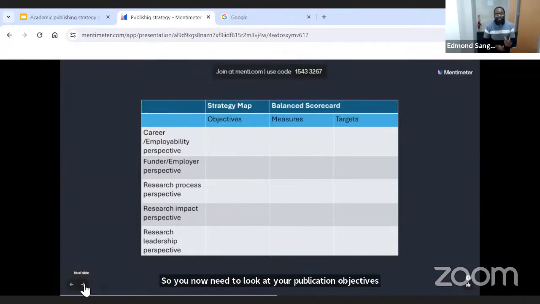Then the next thing, the research process, what you'll be doing. Look at that process. What are the technical skills and the knowledge that you are going to gain from conducting that research that is going to produce the publications? Then the other perspective is the research impact. Step back, consider your parents, consider your friends, consider your country's economy, consider people from different areas, rural areas, urban areas.